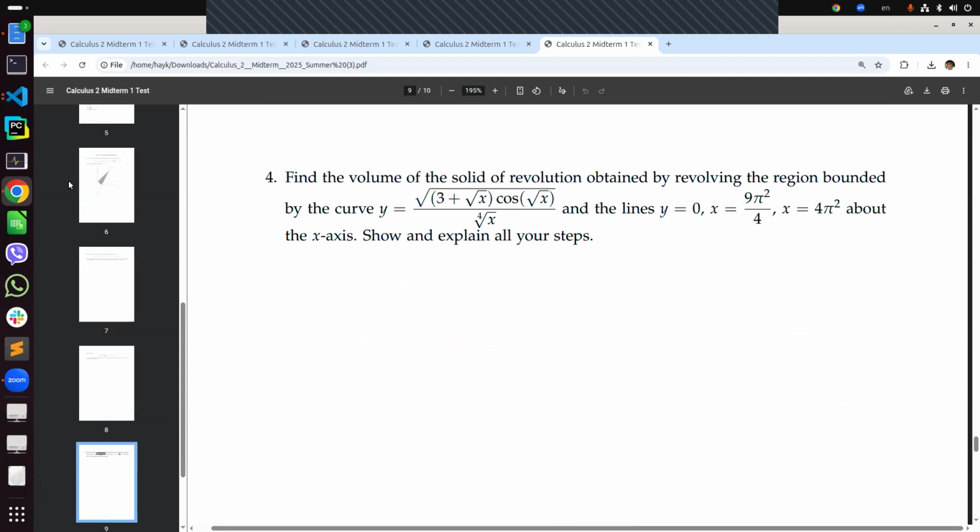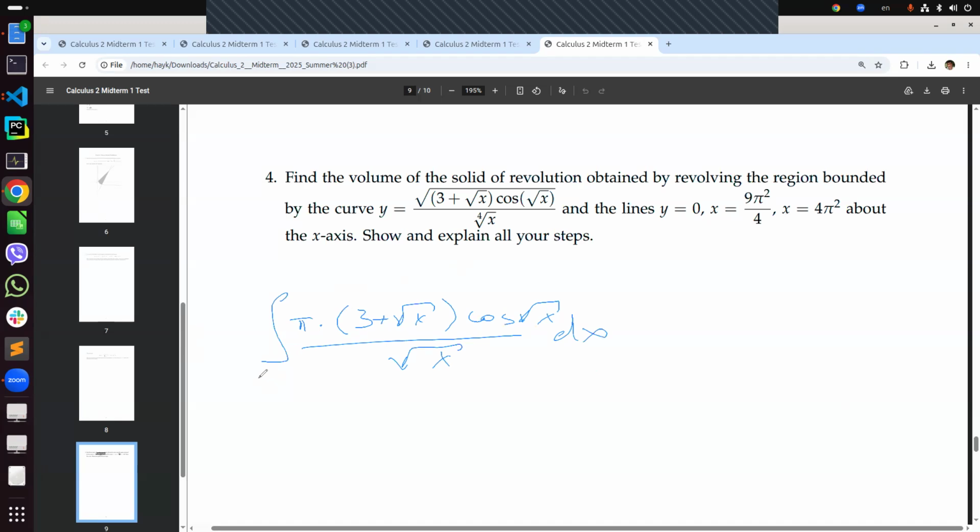Volume of region when we are revolving f(x) around x-axis. The formula is pi times f squared. So pi times f squared is going to be 3 plus root x cosine root x divided by root x dx.